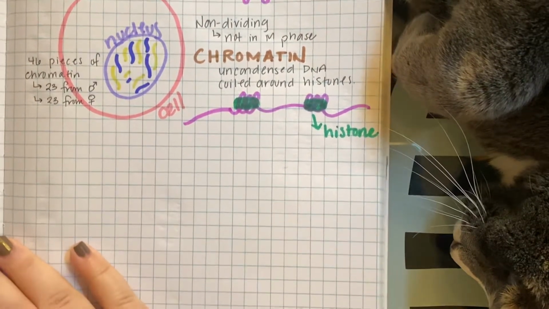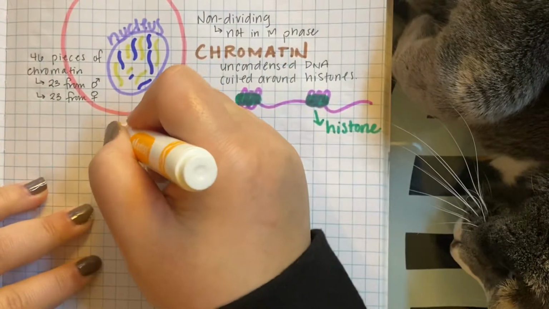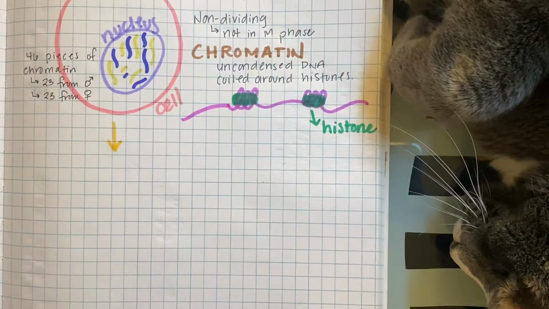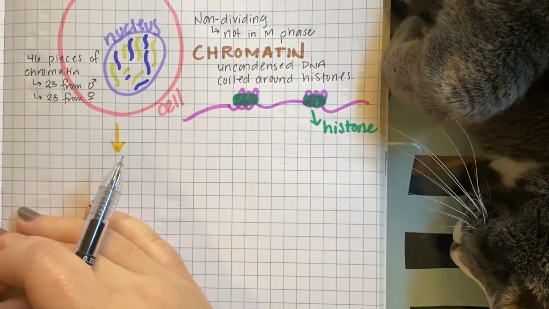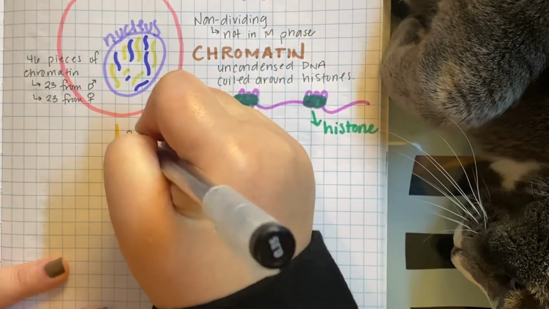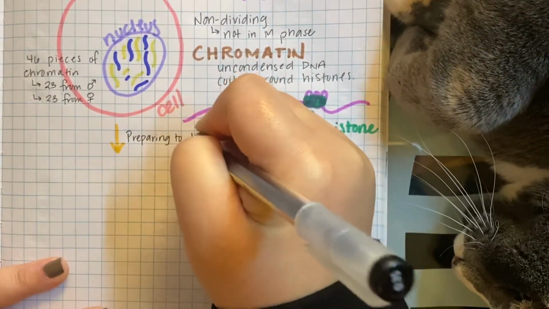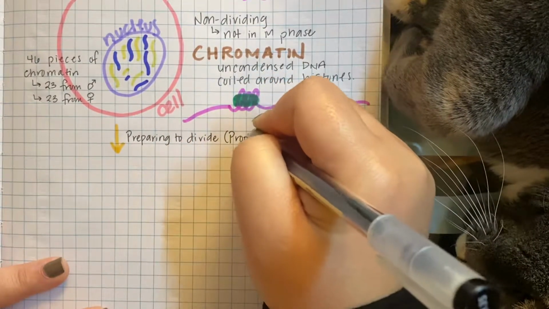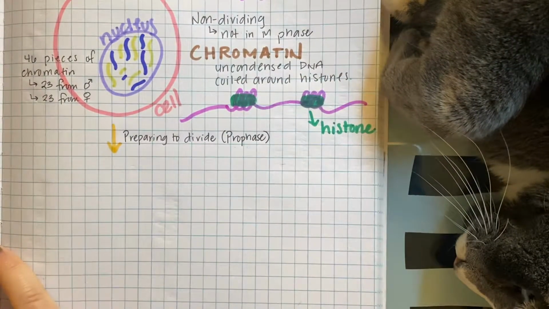So when the cell prepares to divide, we're going to draw our cell in a different stage now. When the cell goes into prophase, which is the first step of mitosis or meiosis, the DNA will condense.